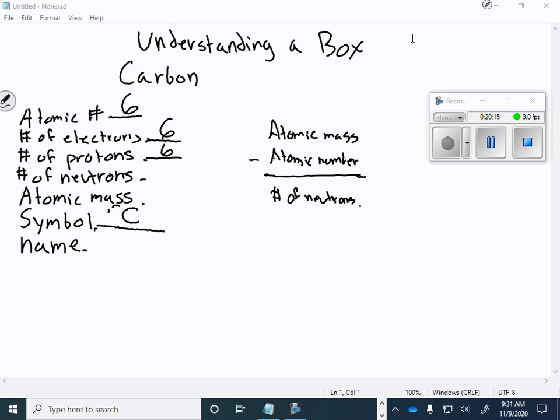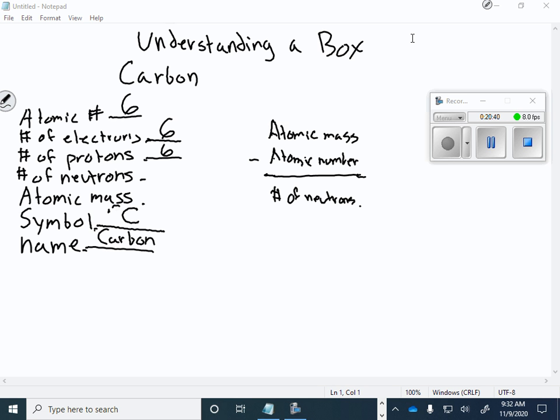All right, and then the next thing it tells us is the actual name. Okay, so we have carbon is the name, carbon. So top number is the atomic number, tells us protons and electrons. Then it has the symbol, the 1 or 2 letters that represent that element. Then it has the name of the element.